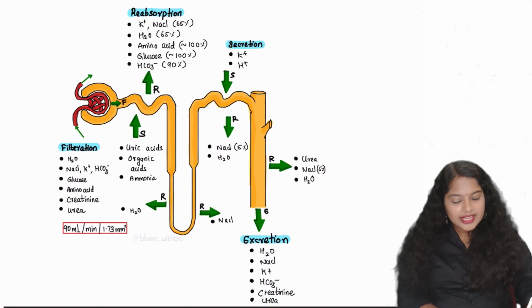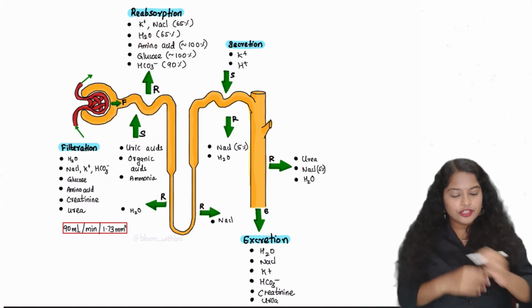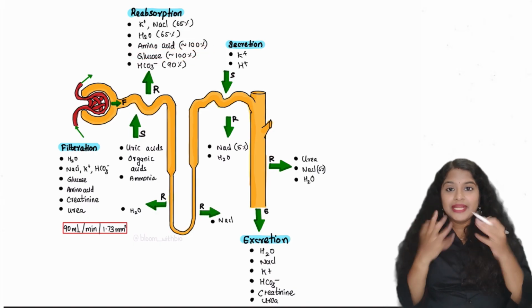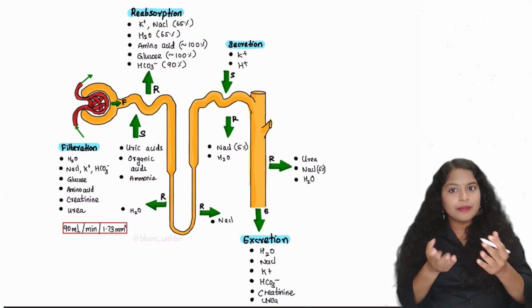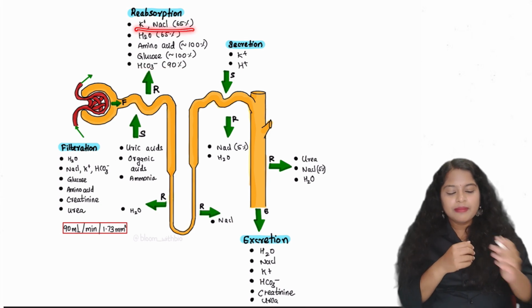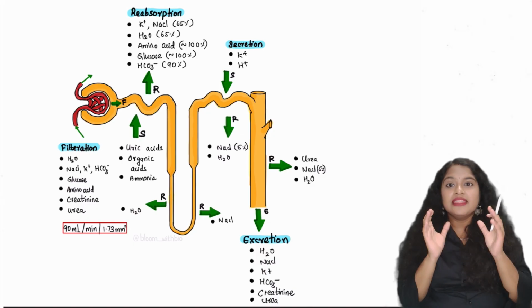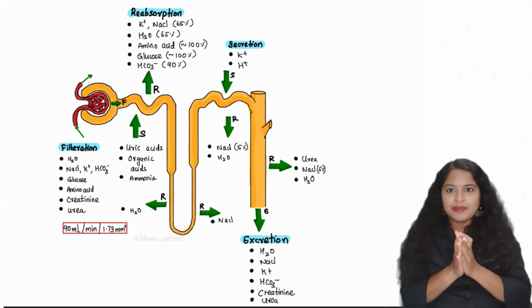So you can see here 65% of water is getting reabsorbed in the proximal convoluted tubule. Then the complete glucose and amino acids are getting reabsorbed in PCT, and 90% of bicarbonate is getting reabsorbed, and sodium and potassium 65% is getting reabsorbed in the PCT. And this is the region where maximum reabsorption of substances is taking place.